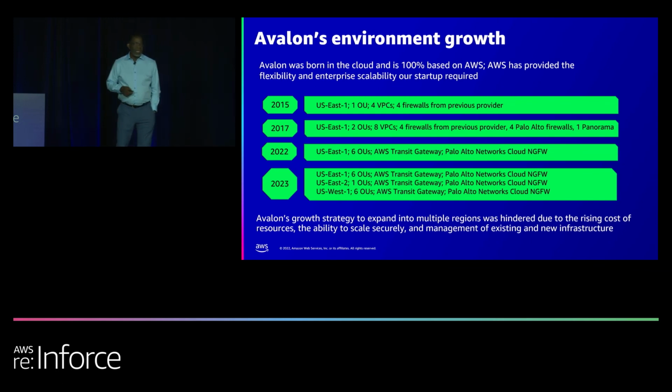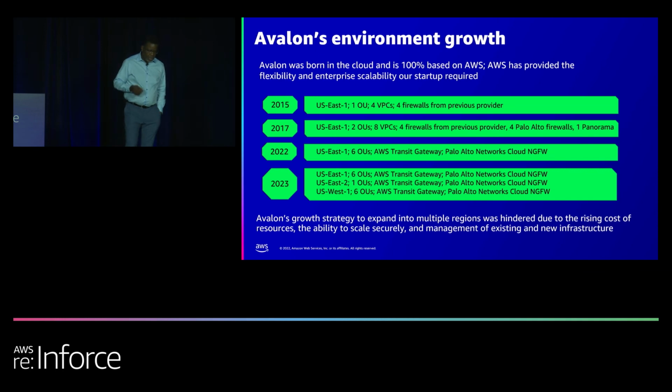What that means to me is not that we can't scale securely in AWS, but we can't scale securely and keep our costs down, our human manpower down, and move across multiple regions in a single fashion without really tipping over our resources.